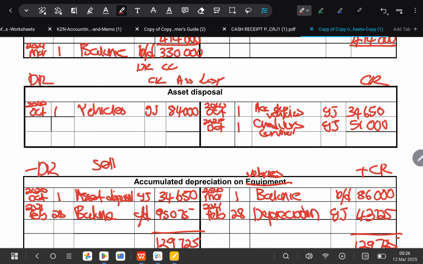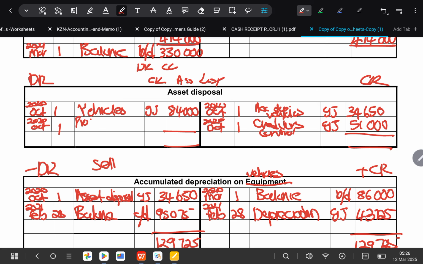So let's see, 34,650 plus 51,000, it's 85,650. So the credit side is the biggest, so it means we will have a balancing figure this side. So we can just use the same date, 2020 October the 1st. Remember, if the credit side is more, it means it was sold on a profit.